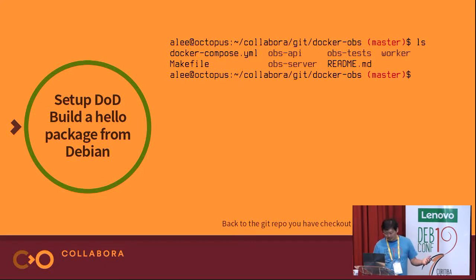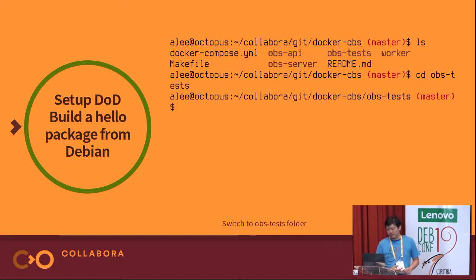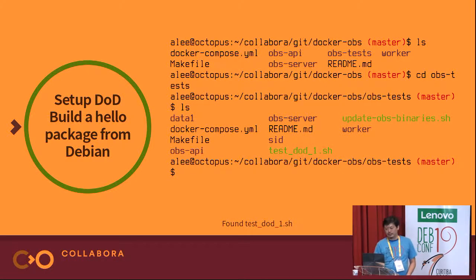So here you go. When you do this, you need to go to the OBS test directory. In that directory, you can find the shell script called test DOD_1. The DOD means download on demand. Just imagine that you want to build those packages, right?